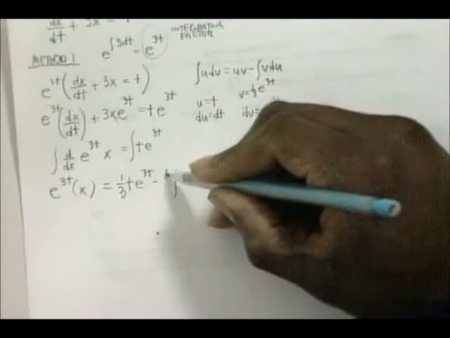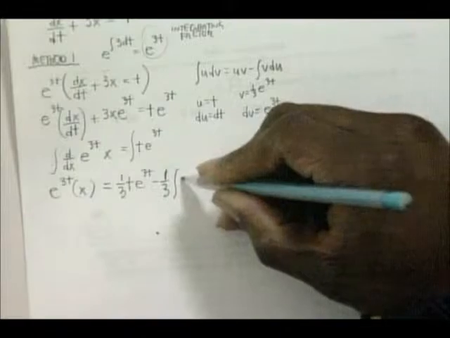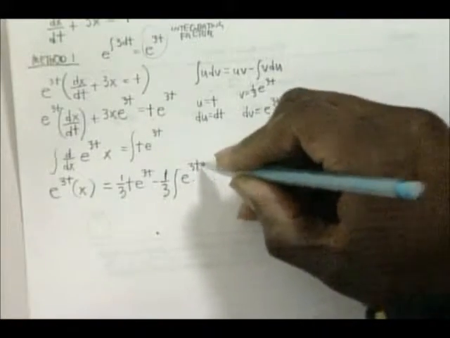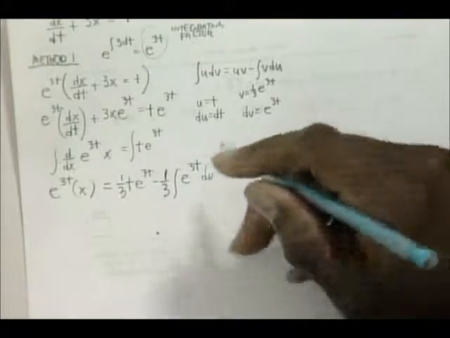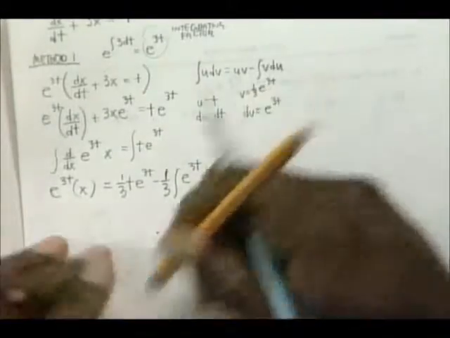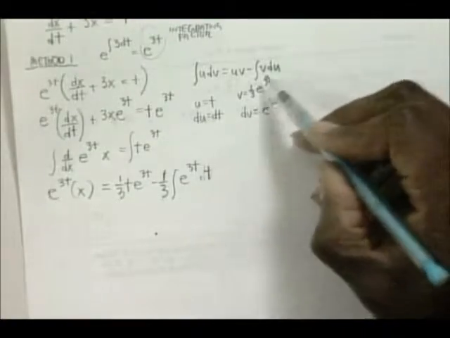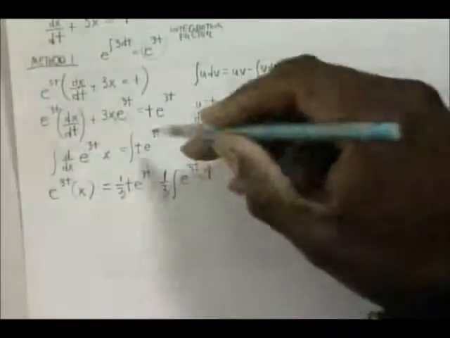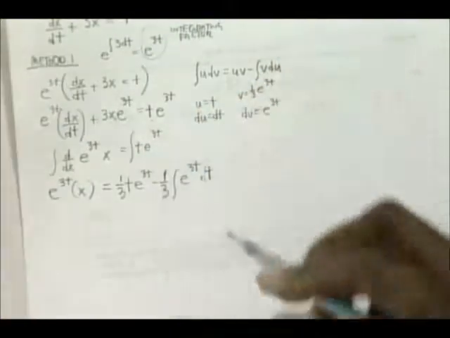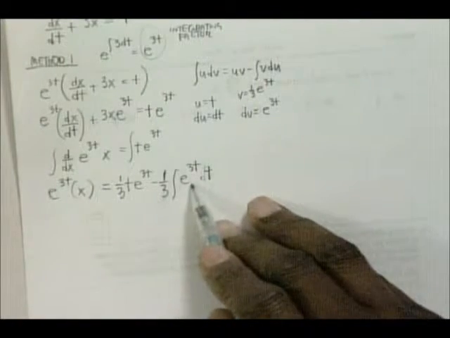So let's pull out that 1/3, and we end up with e to the 3t dt, which is this du that was here. So now we just took the antiderivative of this product. Now all we have to do is know how to take the antiderivative of that, and that's not too difficult.